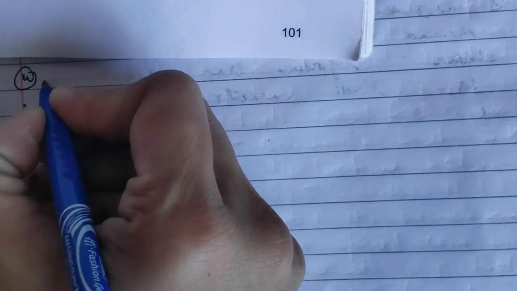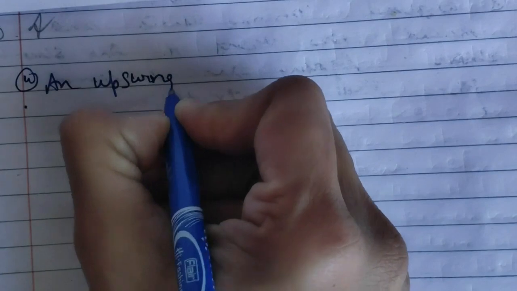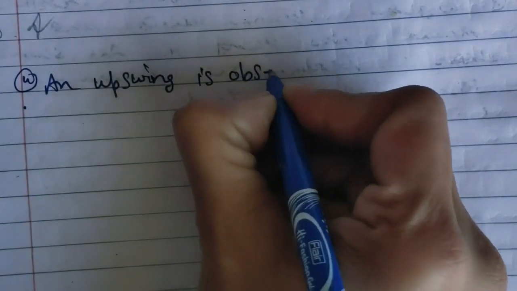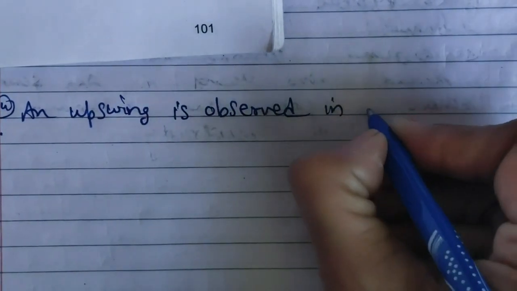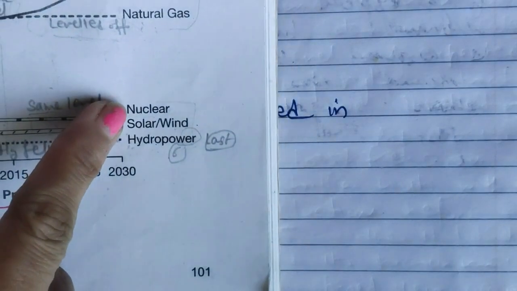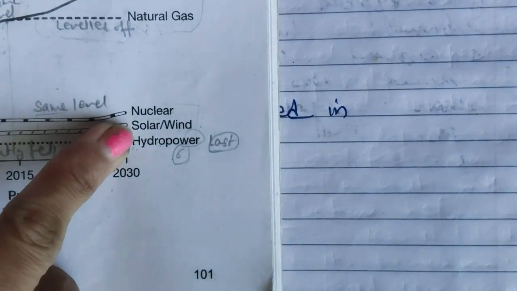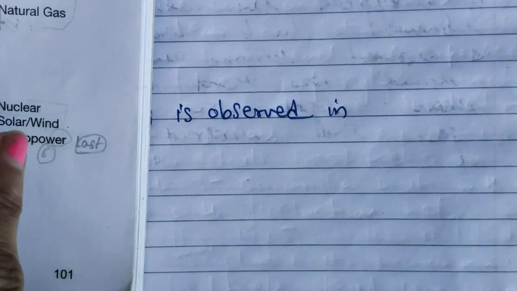So an upswing is absorbed in, and for this we can use the words non-renewable and renewable, or if you want to write it as it is, then it's okay.